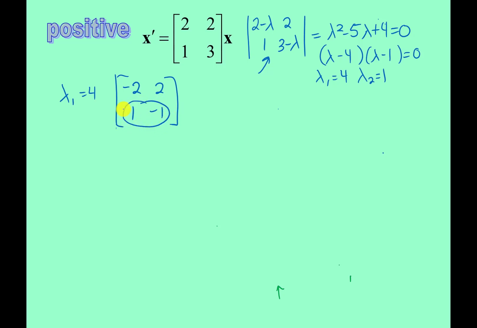I'm going to put the variables back in for this row because they're multiples of each other, and this one's smaller, easier to work with. So the first component of the vector minus the second one is going to equal 0. So v1 needs to equal v2. So our first eigenvector is going to be, we'll just put a 1 in there. So we've got 1 and 1.